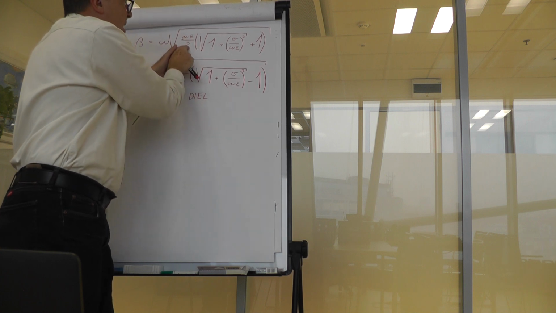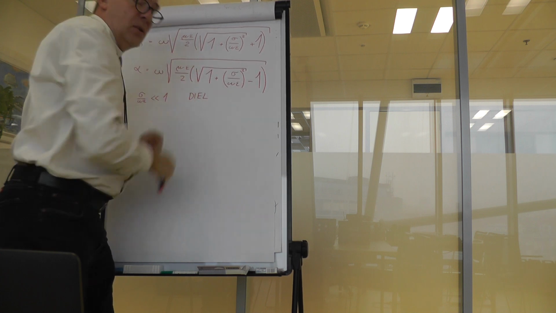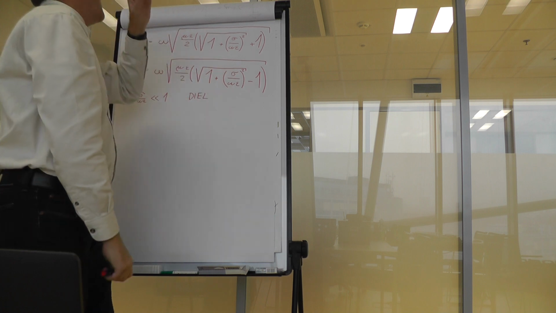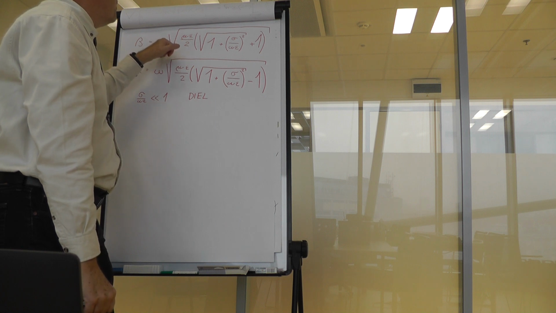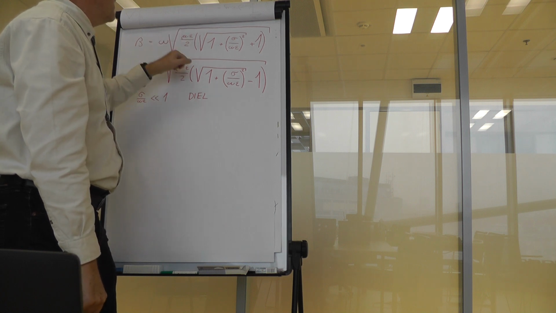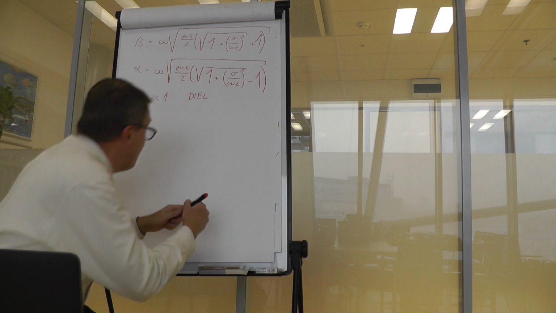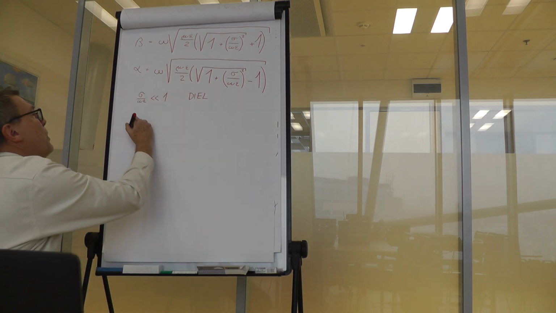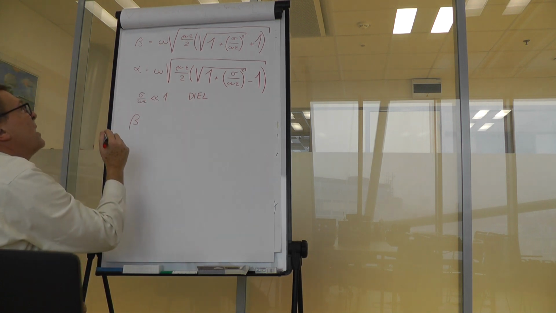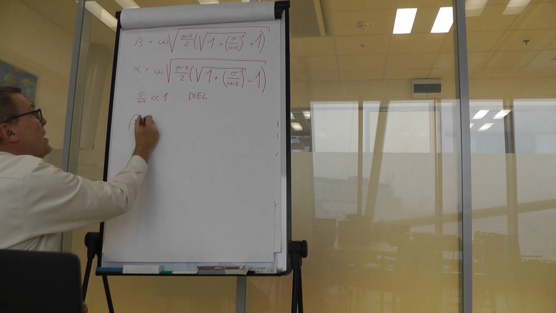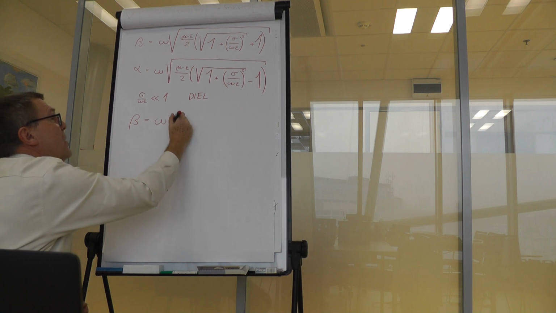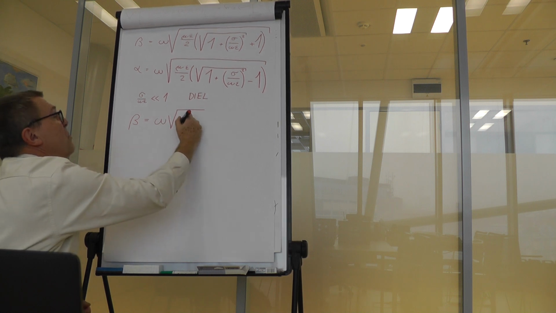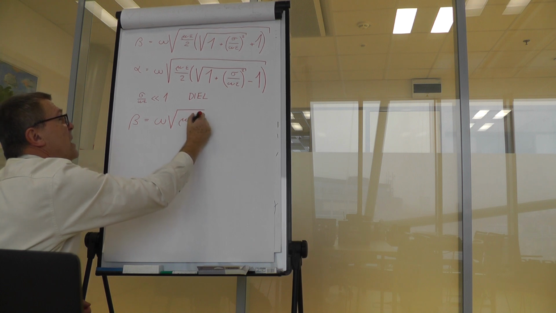We can then cancel this 2 against 2 in the denominator here, and all we have obtained is that beta is equivalent to omega times a square root of mu epsilon. So for dielectrics we have a simple equation for the phase propagation constant, which is beta is equivalent to omega square root of mu epsilon.